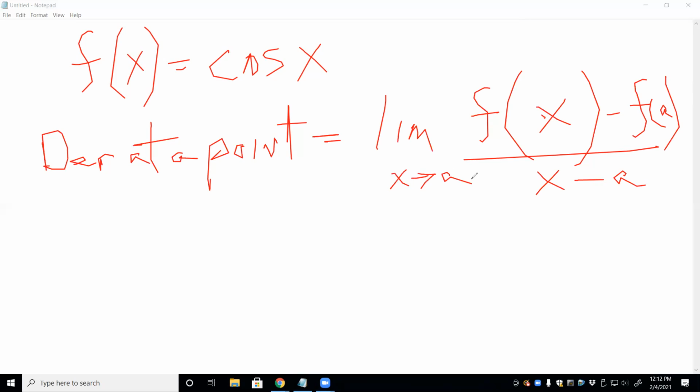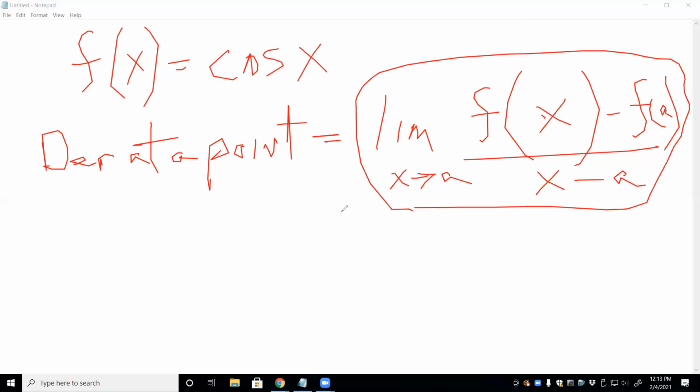Correct? Or as a approaches x, maybe? Well, that would be right. I guess for this problem, that's the basic formula. That is the definition of the slope at a point a. And that will give you the answer, I guess. We'll have to work through it.